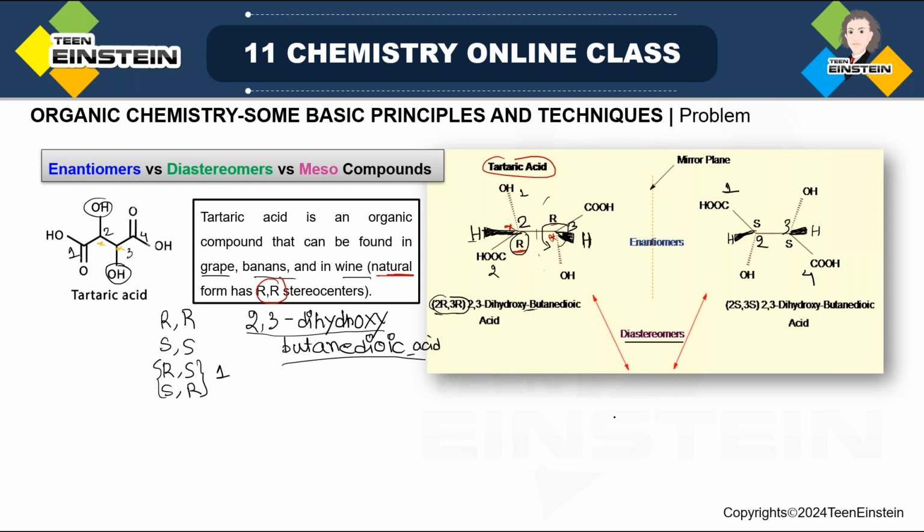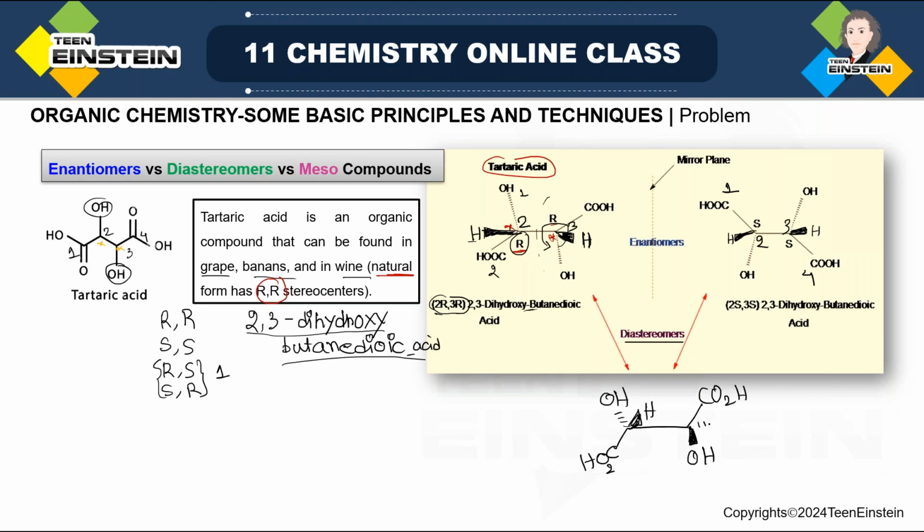So if I am drawing it like this, that is OH, CO2H. Now I will draw this OH like this. Fine. Now hydrogen is here.